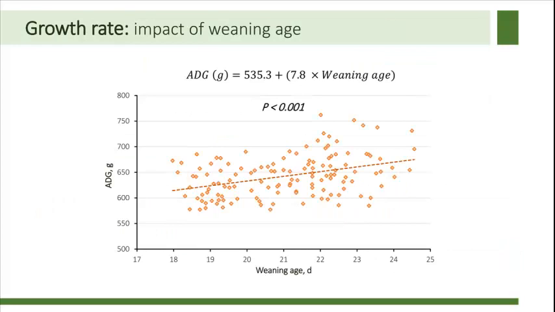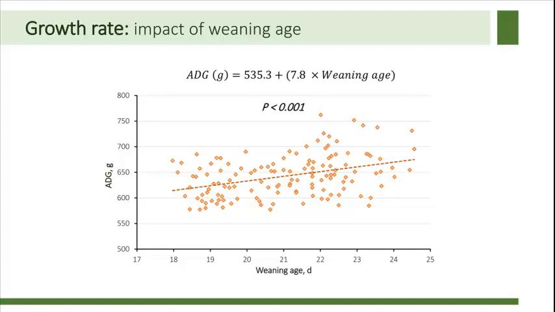Here showing the growth rate, the impact of weaning age on growth rate. Again, I just plotted the graph because I wanted you to appreciate the variation in our population of observations. That's what we wanted to do the analysis for, to observe the different variation between the groups of pigs.